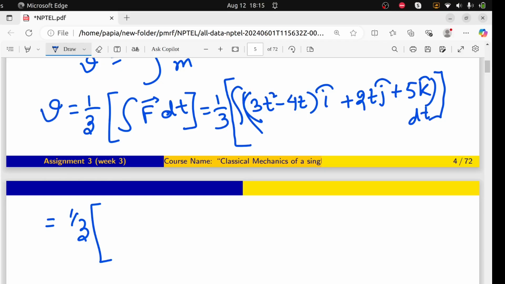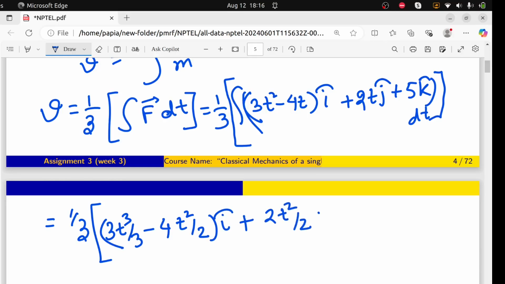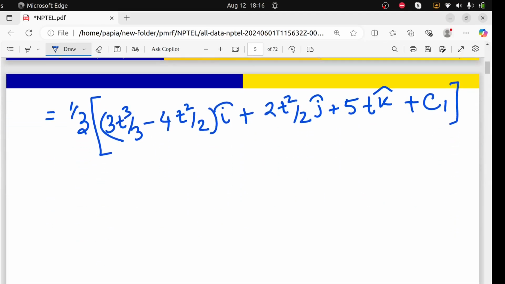So it will be 3t cube by 3 minus 4t square by 2 i cap plus 2t square by 2 j cap plus 5t k cap. So this will be the integration of these terms, and there will be one constant c1. Okay.